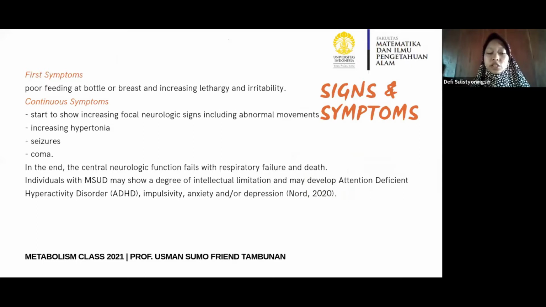Further symptoms include increasing focal neurological signs, including abnormal movements and increasing hypertonia, which is a condition where there is too much muscle tone in the body, for example in the legs or arms, causing difficulty of moving. The next symptoms are seizures and coma. In the end, central neurological function will fail with respiratory failure, causing death.